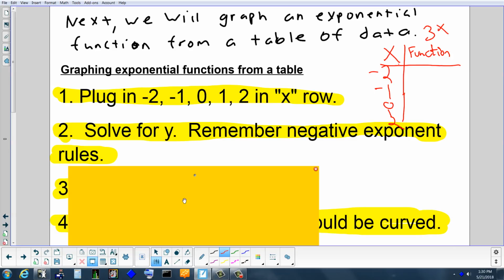Always. So I'm going to take each one and plug it in for x and solve. And again, remember your negative exponent rule. Remember, you have to flip. You're going to take the base, move it to the opposite location, make the exponent positive.